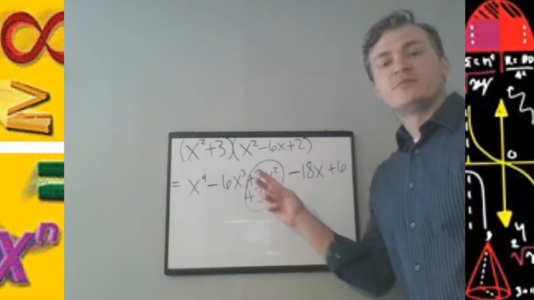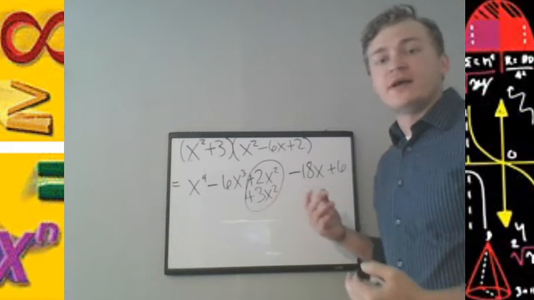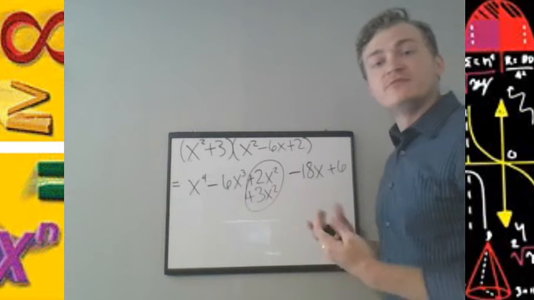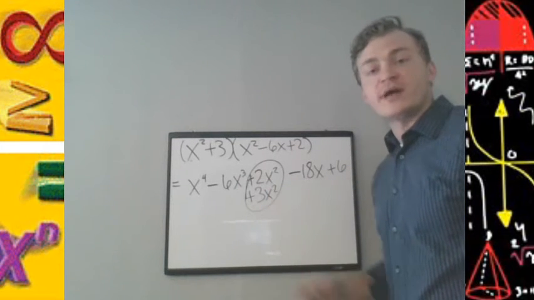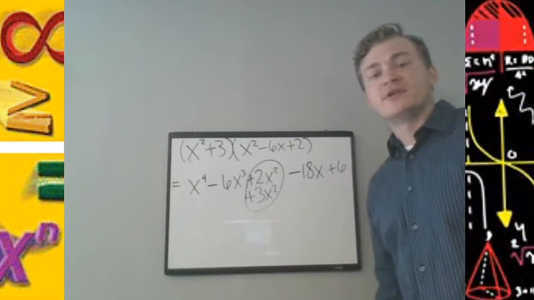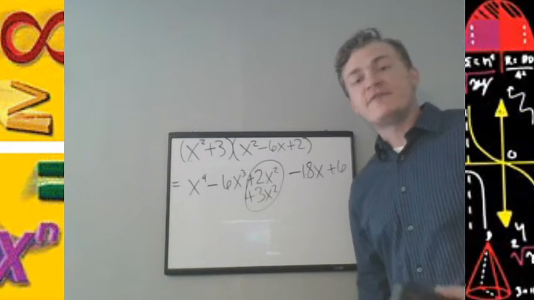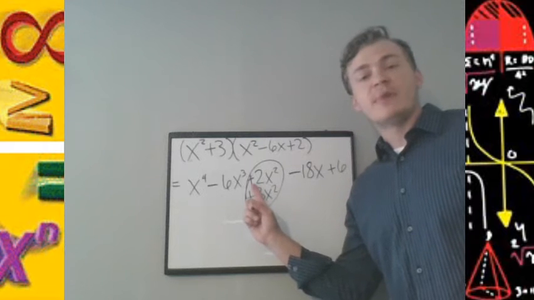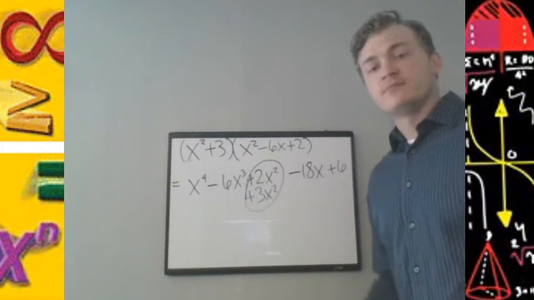But of those 6 terms, only 2 of them can combine together. Well, that's fine. We're going to go from 6 terms to 5 terms. Positive 2x squared combined with a positive 3x squared. How many total x squareds do we have? Positive 5x squared. We get that because when you combine positive 2 with positive 3, you get positive 5.